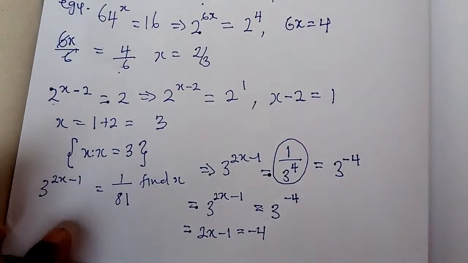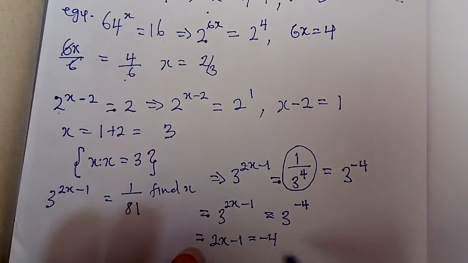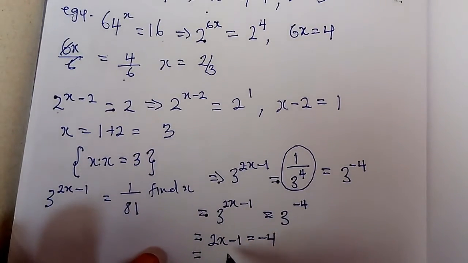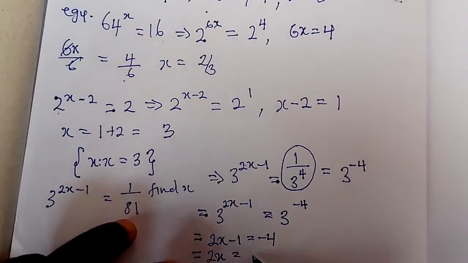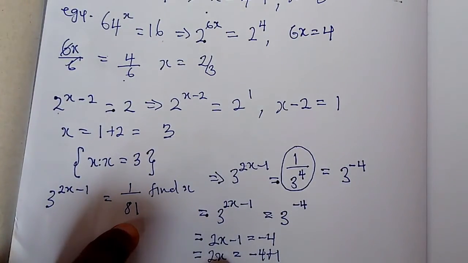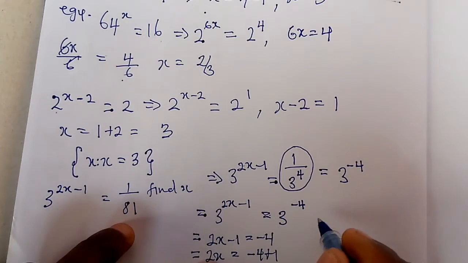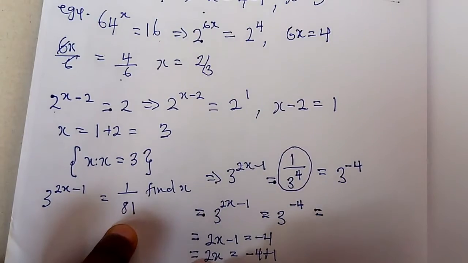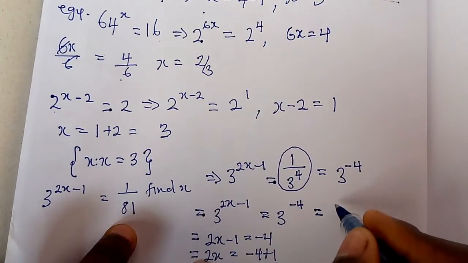Let me continue from this place. 2x minus 1 can be 2x is equal to minus 4 plus 1. Finally, I will have 2x equal to minus 3.